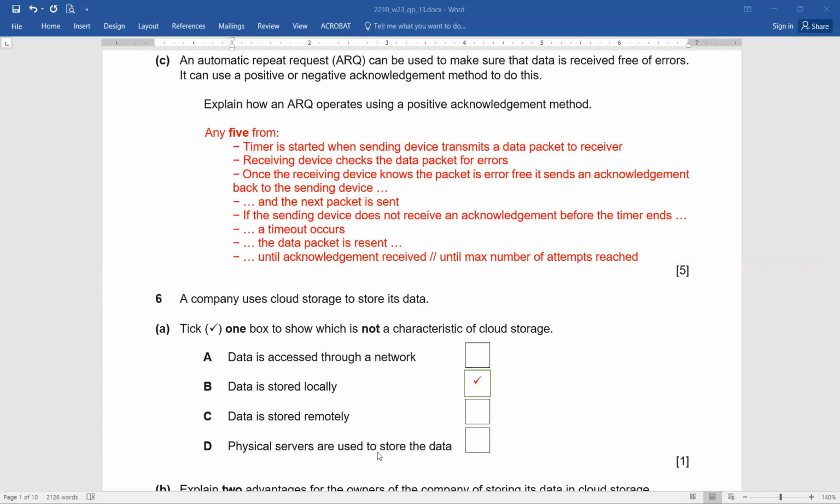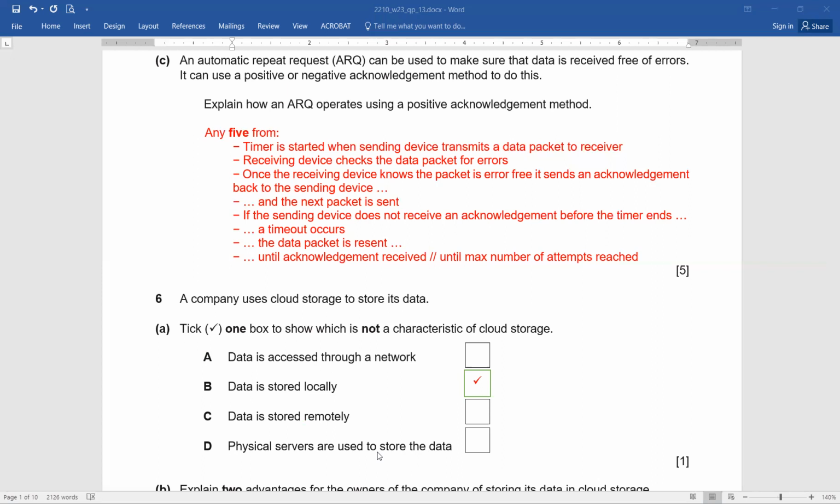Data is accessed through a network, and that is one of the features of cloud storage. Data stored locally is not, because locally means it's not stored on my PC. So what's the concept of storing it on cloud then? It means that that is not a correct option, and that is what you will tick. In cloud, data is stored remotely.